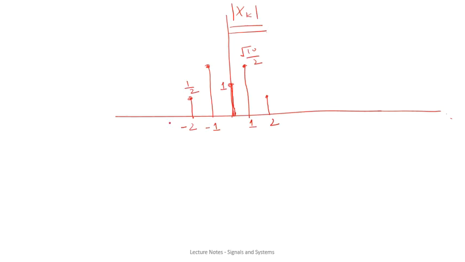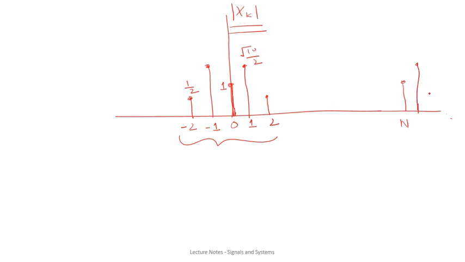Now same spectrum can be seen at N distant locations. Okay, so if it is 0 here, then at N it will be same, that is 1. Okay, and similarly then the next location will be root 10 by 2.